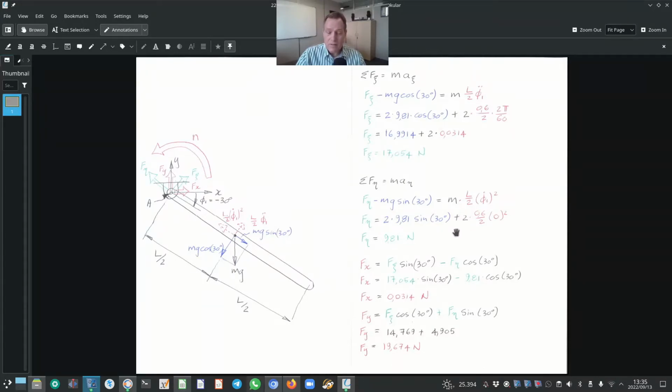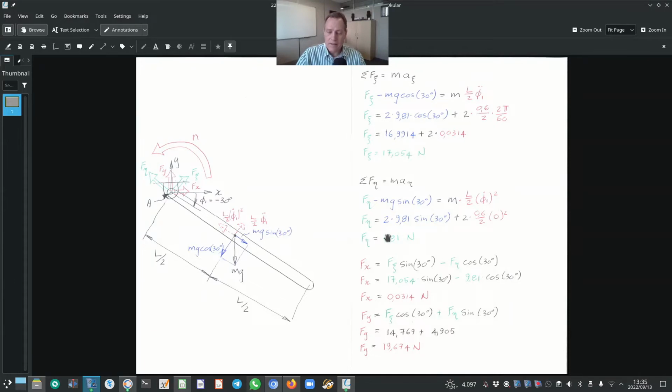So we know the pendulum rod starts from rest, so even though it has an angular acceleration, the angular velocity will be 0, so we can eliminate this term.